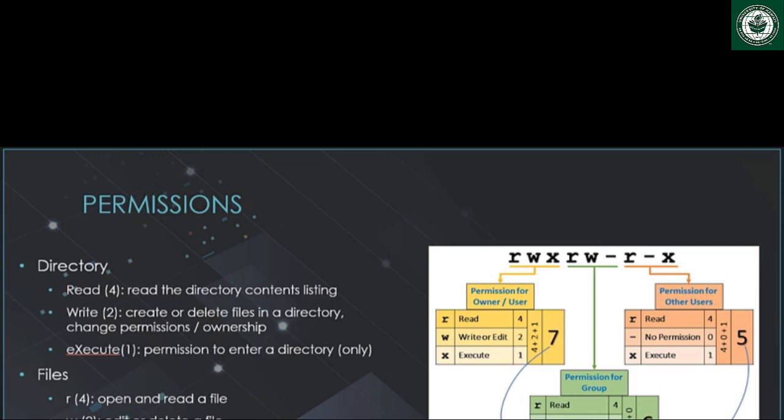So the numbers to remember are: read is equivalent to the number 4, write is equivalent to the number 2, and execute is equivalent to the number 1. Therefore, any file with executable permissions must always be odd. It'll either be a 1, a 3, a 5, or a 7. Okay? Likewise, any directory with an odd permission allows that user or group to access the directory.